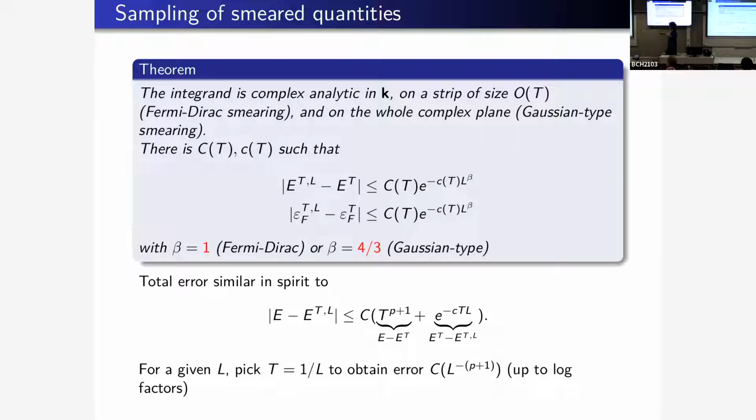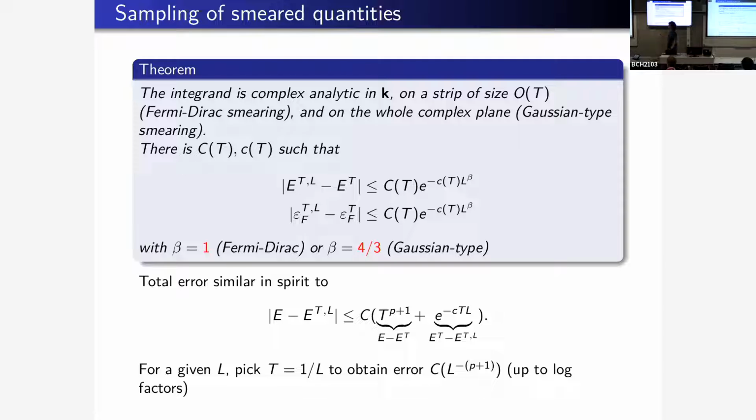So the end result is that the error you make between your actual energy and the energy at finite temperature is a sort of two terms. The first is the fact that you replace your zero temperature by finite temperature, and the second is the fact that you have discretization. And it looks like that. It's not exactly like that.